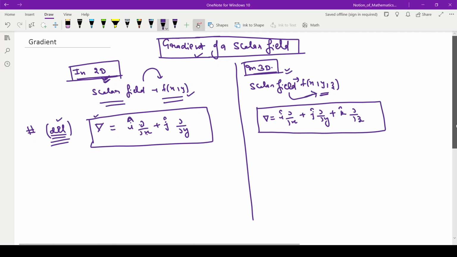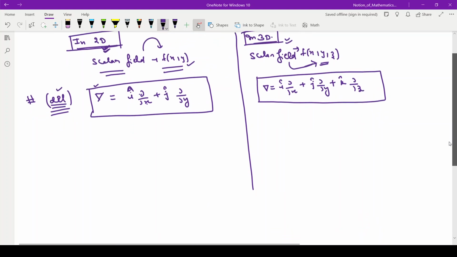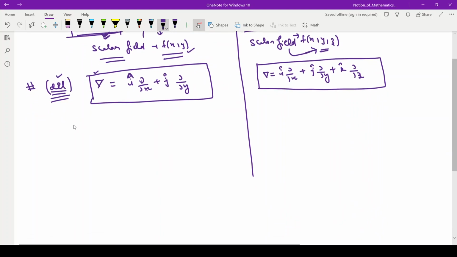Now, how to define the gradient of a scalar field? The gradient of a scalar field is written as grad f, and it is defined as del of f.